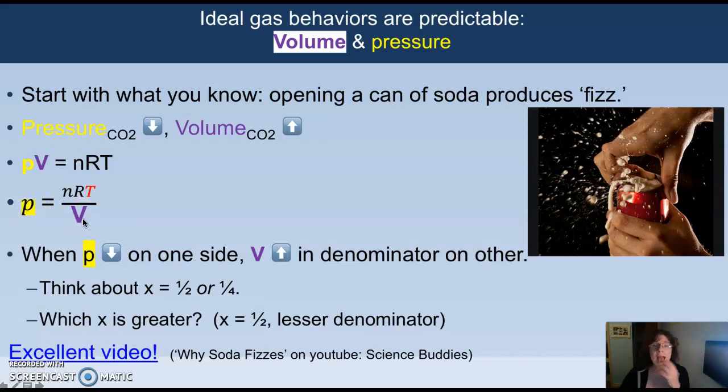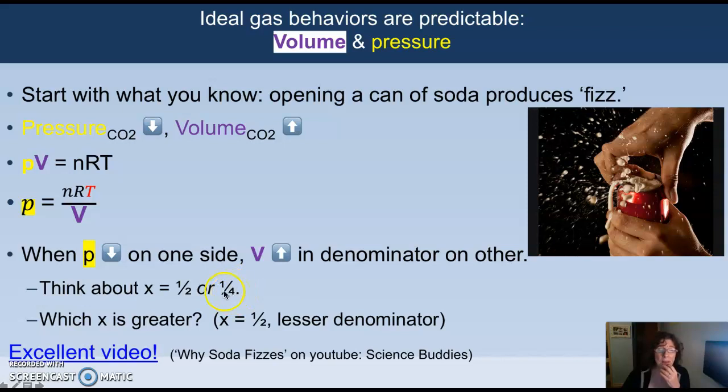Okay, that works. And what you see is that when volume increases in the denominator, that means that the quotient, the P, is going to be reduced. You say, how does that work? Well, let's look at it. If I said that my volume increased, I could take my volume in the denominator from 2 to 4.